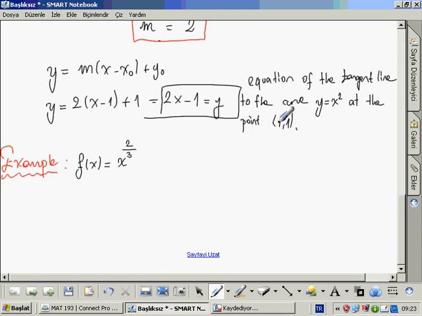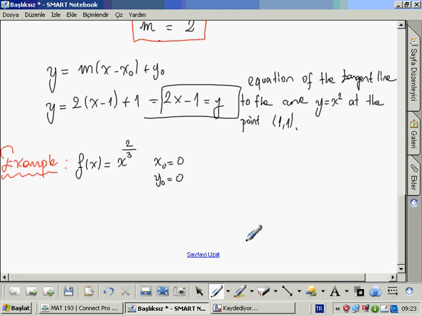Let x0 equal 0, of course y0 will be 0, and find the tangent equation at the origin.